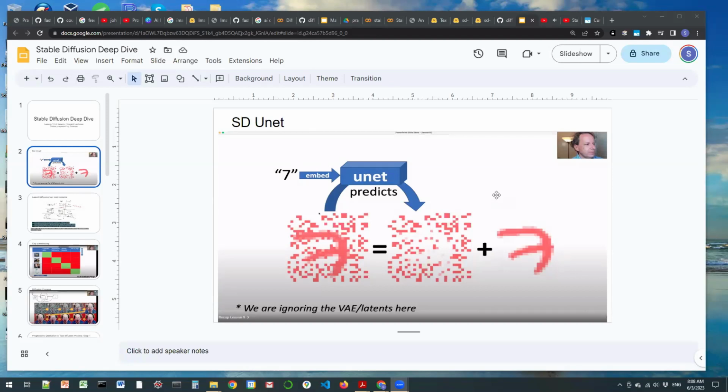Those, as we discussed last week, are referred to as the time steps, although there is no rhyme or reason why they are called that. It is just an unfortunate carryover from the ODE type of equations that were used to originally explain the math behind diffusion. But what this picture shows is essentially that you can one-hot encode the digit, add some noise to it, and pass it to the UNet, which is used to predict the noise.